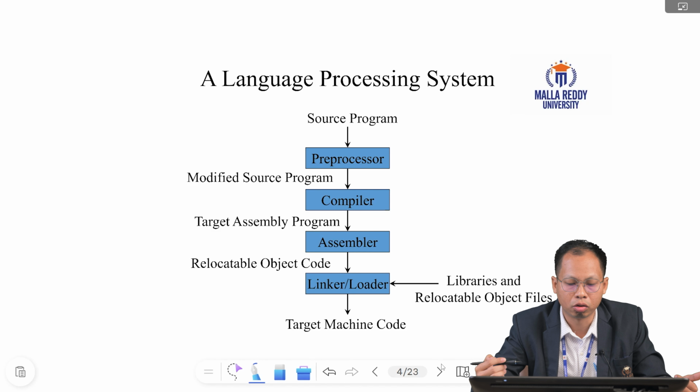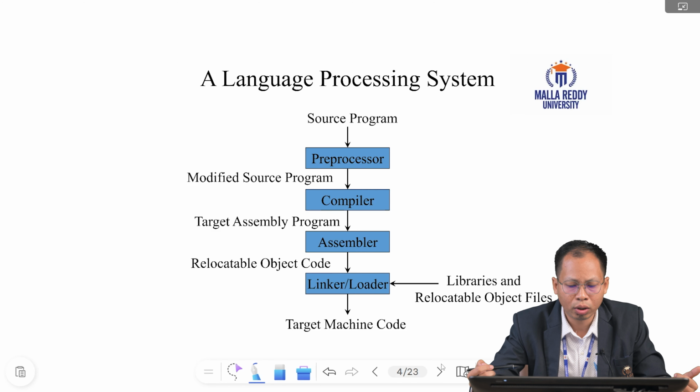This source program will go to the compiler and it will convert it to the assembly code, which will then be put into another tool called the assembler, where it will convert this assembly program into relocatable machine code or object code.